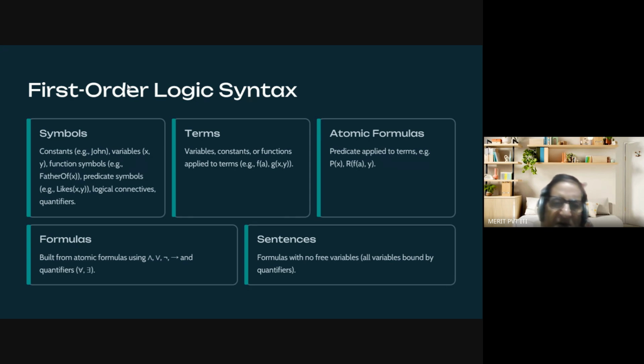So variable, constant or functions applied to terms, for example, f(a), g(x, y). Atomic formulas, predicate applied to terms, for example, P(x), R(f(a), y), etc.